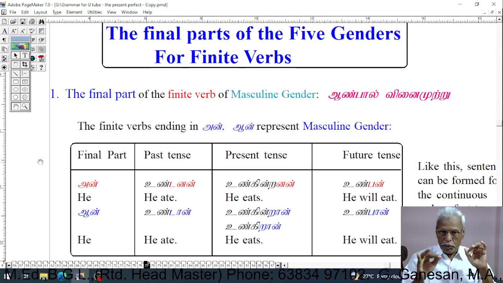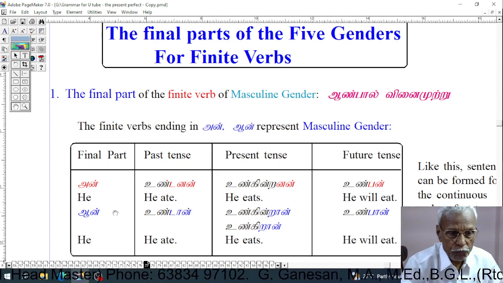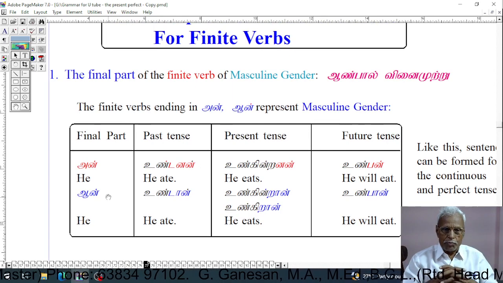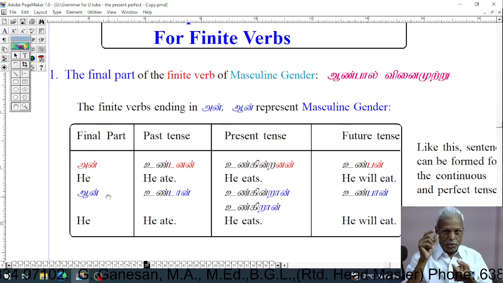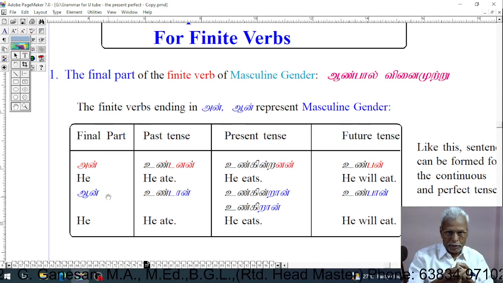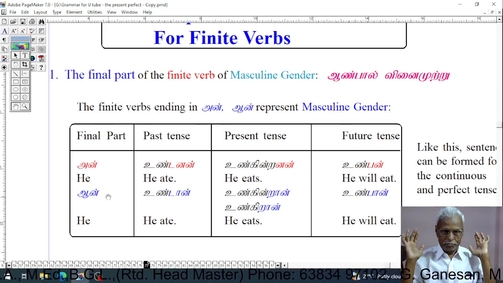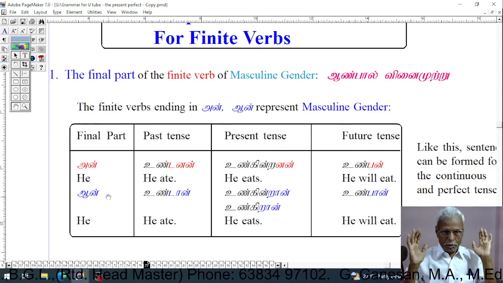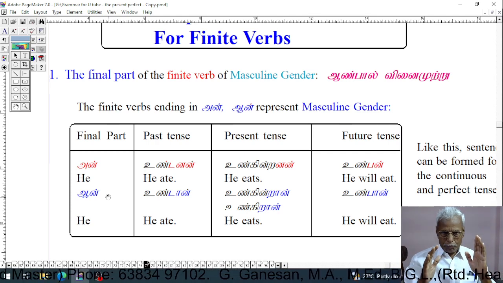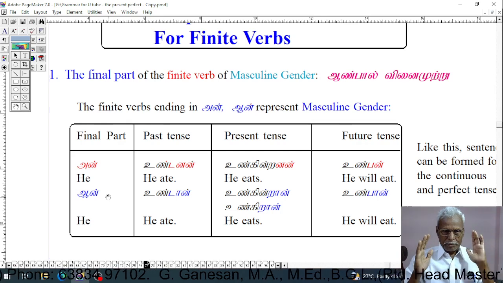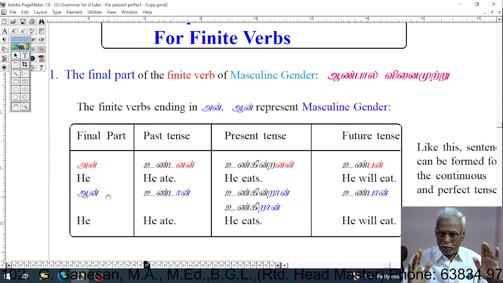The final part of the finite verb of the masculine gender, aanbal vinai in Tamil. See, the finite verbs ending in an represent masculine gender. Past, present and future: undanan, ungindanan, unbanan.